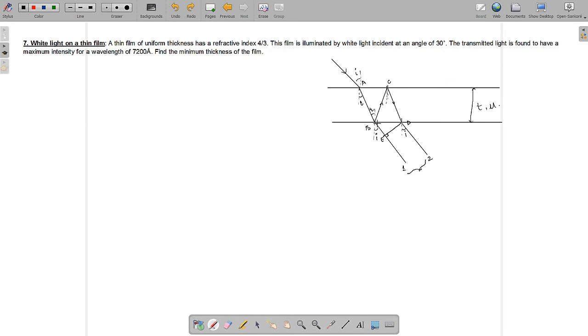So when the light waves are reaching points D and E, the path difference will be BCD, that is the path traveled more by the second wave, and BE is the path which is traveled more by wave one.